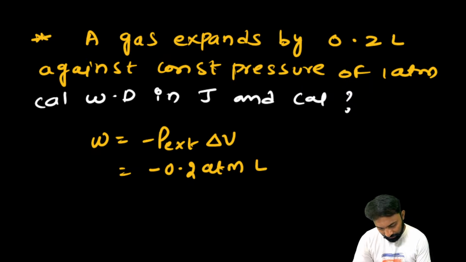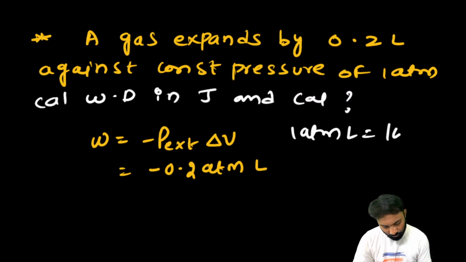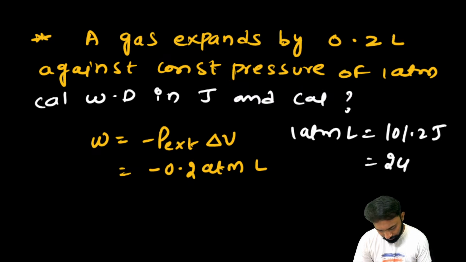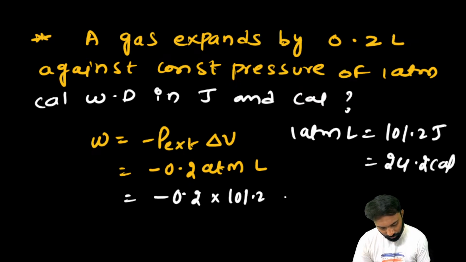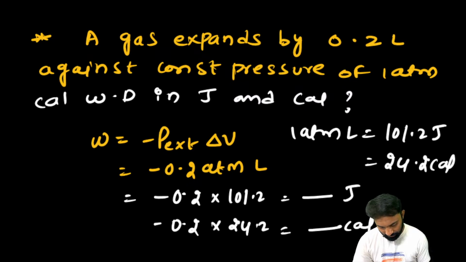But 1 atm liter is equal to 101.2 joules and 24.2 calories. If you multiply the given 0.2 by 101.2, it will give you the joules, and 0.2 by 24.2 will give you the calories, right?